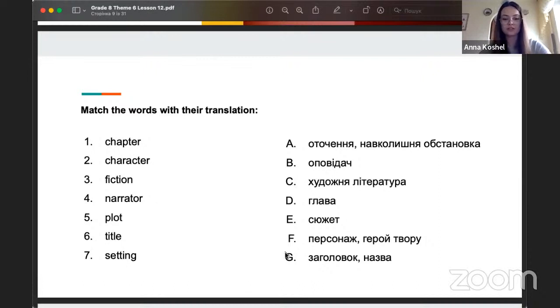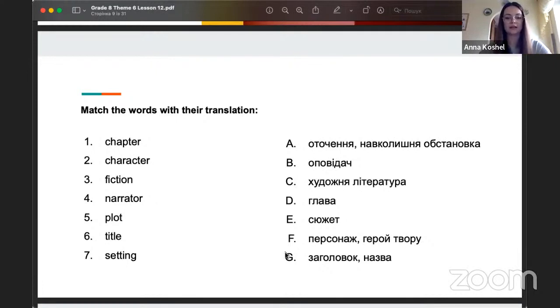B. Оповідач. C. Художня література. D. Глава. E. Сюжет. F. Персонаж, герой твору. G. Заголовок, назва. So, our task is to match the words on the left and the translations on the right.